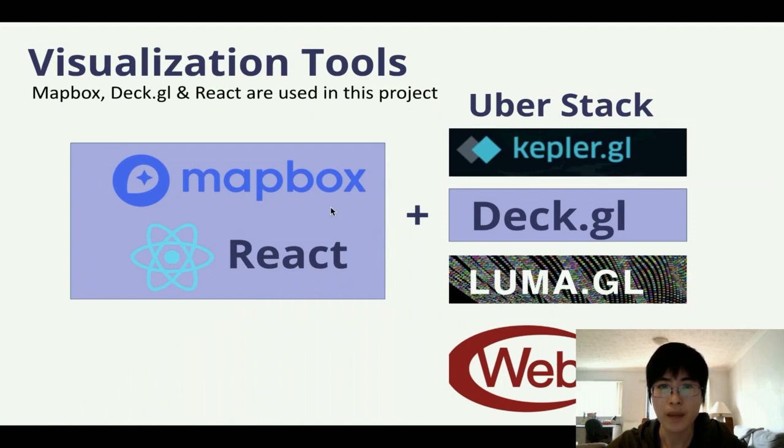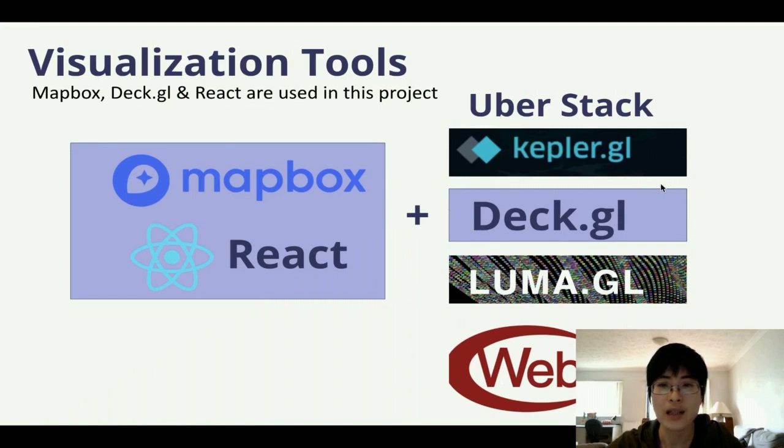If you use Mapbox and dealing with big data sets, eventually you will come across a bunch of visualization tools open sourced by Uber. If you don't like coding, you can use Kepler.gl. For developers, we use Deck.gl.